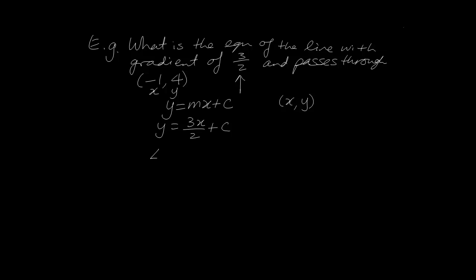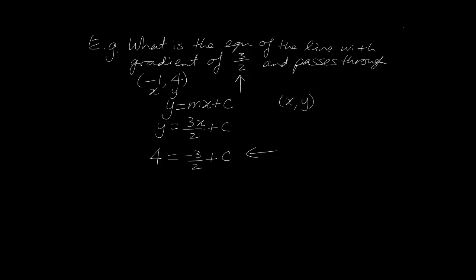So instead of y I would have 4, and then instead of x I would have -1, so it'll be -3/2 plus c. This equation can now be solved to find the value of c. If I were to find that value of c, I need to add 3/2 to both sides.